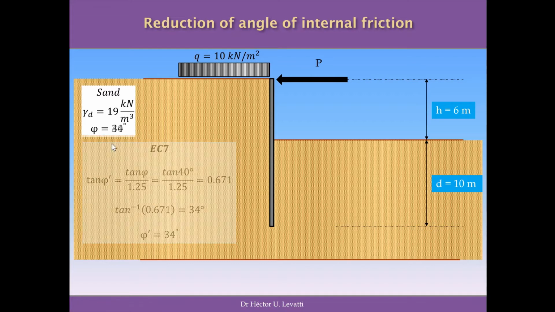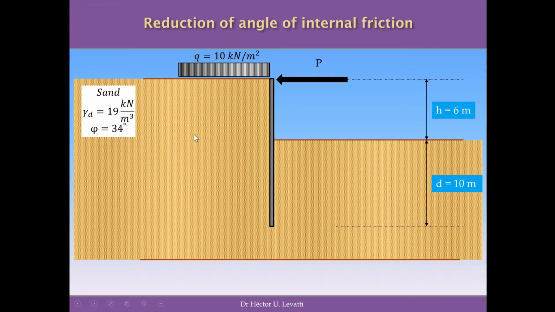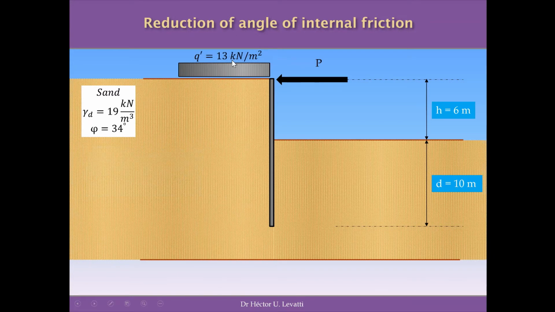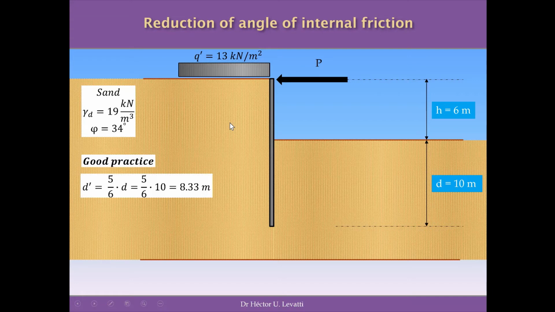So we're going to change this angle in order to be safer. In terms of Q, we are going to increase it by 30% to get Q prime, which will be our new unfavorable variable load, and we're going to change it to 13 kilonewton per square meter.